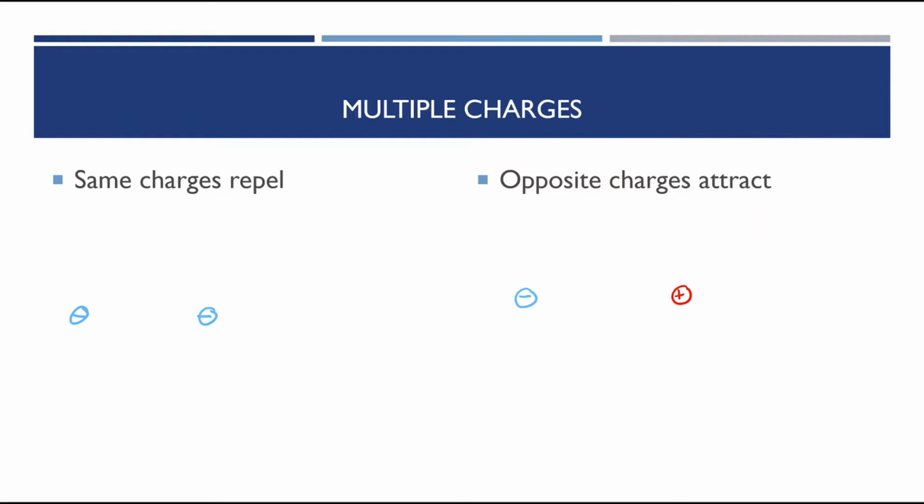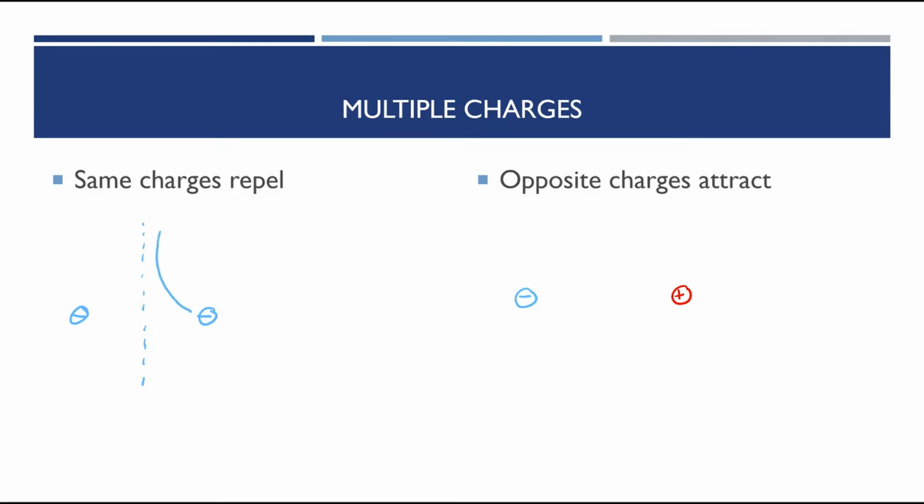So the next thing that we'll go over is what happens when we have multiple charges. In the first case, we have two of the same charges, and what we saw in our demonstration was when we put the negatively charged rod close to the negatively charged piece of tape, they repelled each other. So how would we draw that? First we're going to draw this imaginary line in between them.